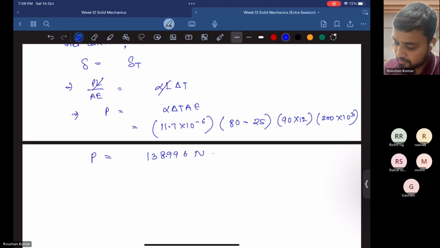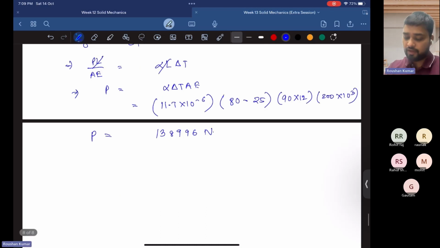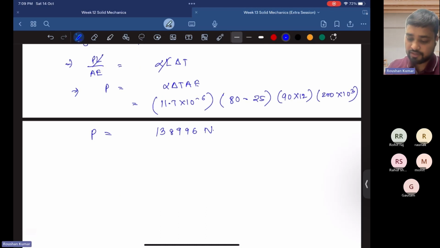Okay, so it's coming out to be 138,996 Newton. Now we have to find the value of contact pressure applied.